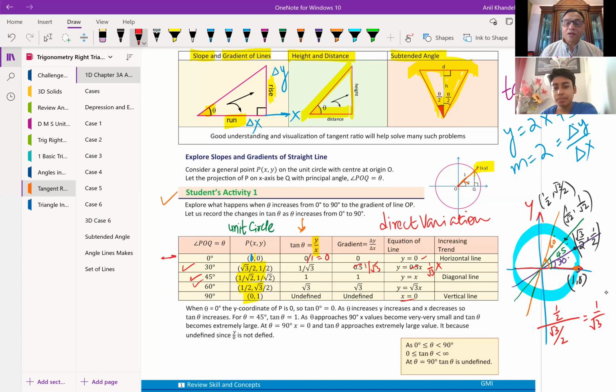Yes, sir. Now, this is a very important question, which we'll discuss almost at the end, where we can take two lines and find the angle between them. You get the idea now. So it becomes very tricky. If I have two lines, let's say this is one line, and I draw another line here, you know the equations of the lines, correct? Yes, sir. And we need to find the angle between the two lines.